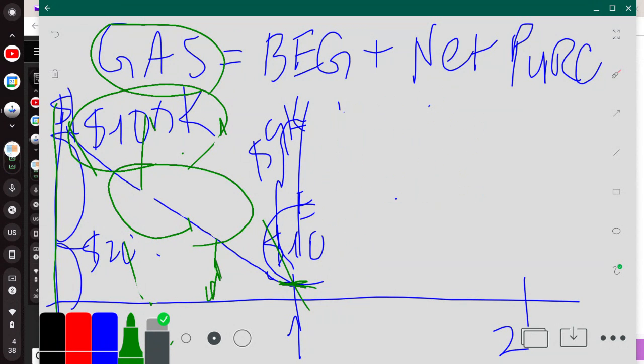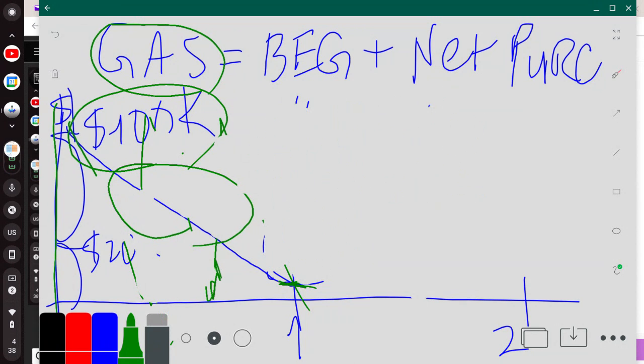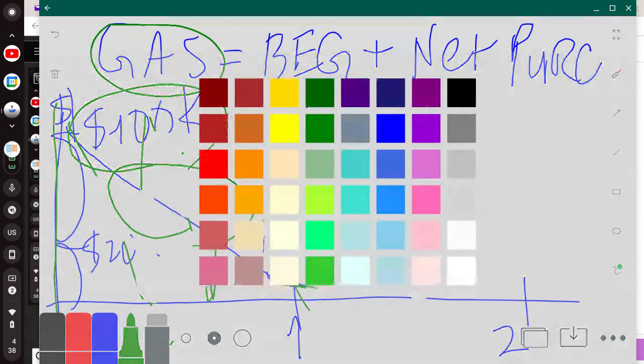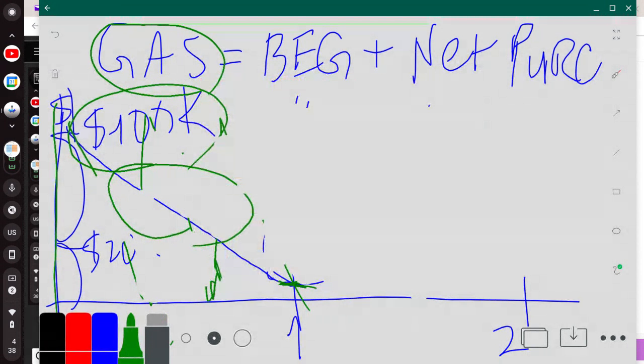I'm gonna have to delete or erase everything here. So think about it. Why would that be? First, we know there's beginning inventory.